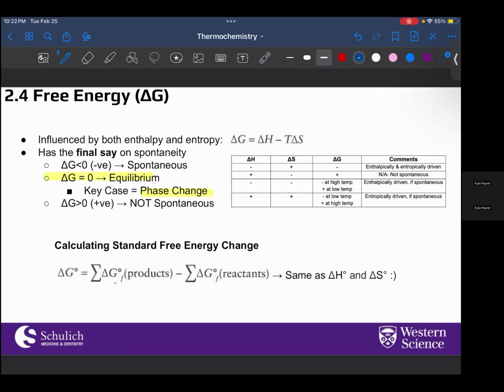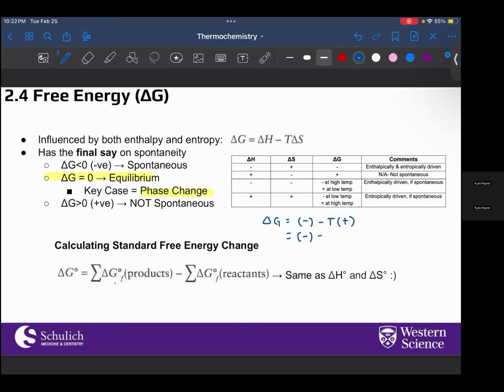So for example, if we looked at the first scenario up here, we have delta G, and so we'll have a negative value for delta H, and then a positive value for delta S. And so when you multiply this and this, that's going to give a negative value.